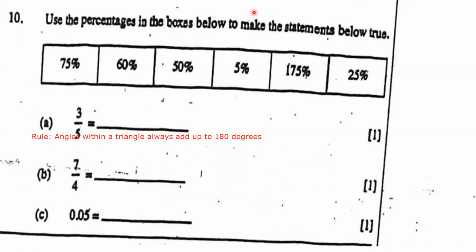Question number 10. Okay, so for question number 10, let us consider these questions. So it says, use the percentages in the boxes below to make the statements true. That's what question number 10 says. Use the percentages in the boxes below to make the statements below true.